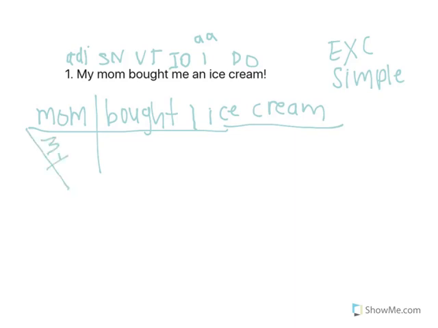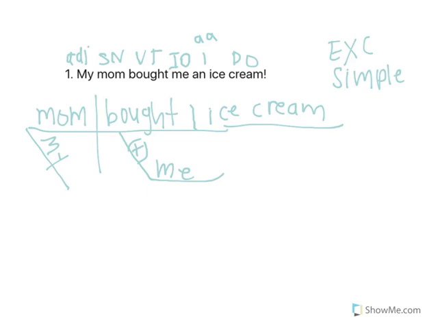It's telling whose mom? My mom bought me an ice cream. And now me is an indirect object, and we diagram that like this, underneath bought, because it's bought an ice cream for me. So that's how we diagram this.